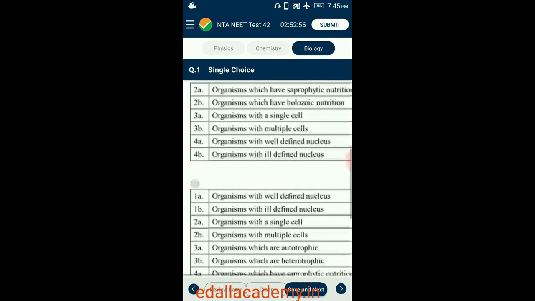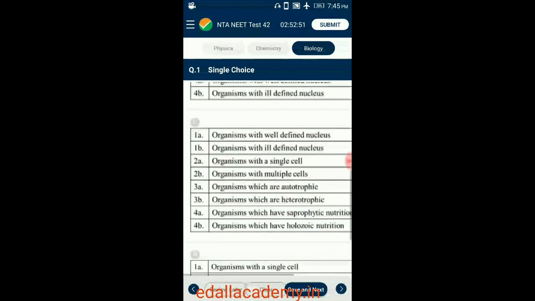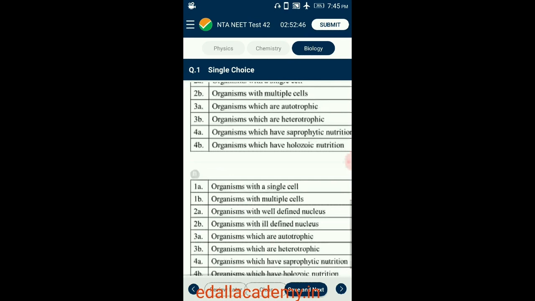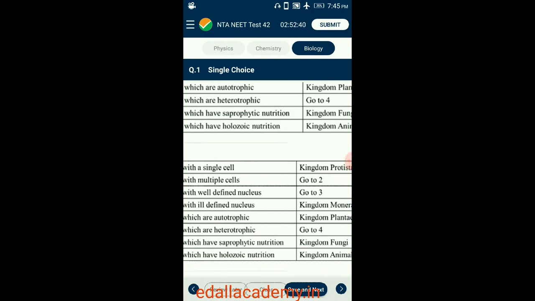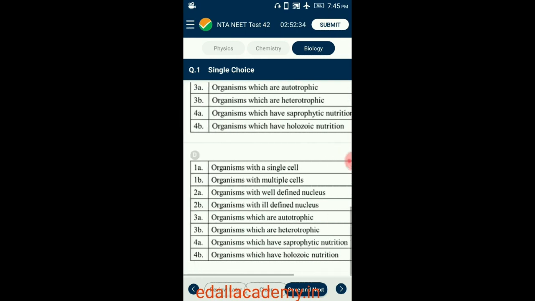Kingdom Plantae includes multicellular eukaryotes that are autotrophic. Kingdom Fungi includes multicellular eukaryotes that are saprophytic. Kingdom Animalia includes multicellular eukaryotes that are holozoic. So according to Whittaker's 5 kingdom system of classification, the correctly matching option is option D.